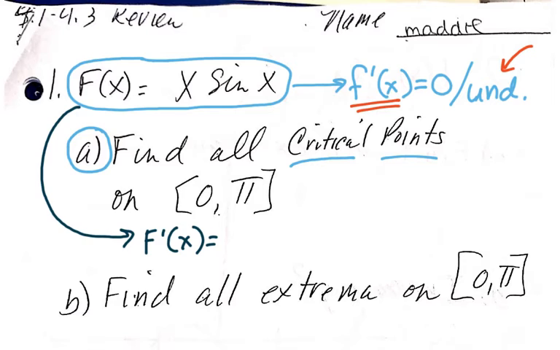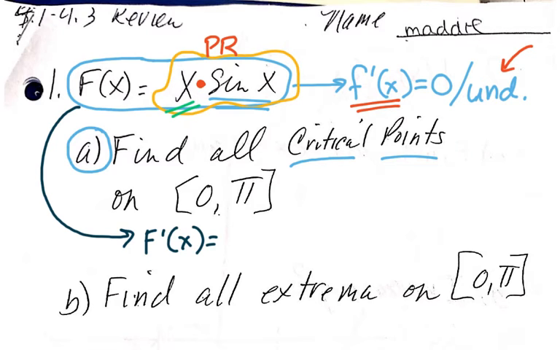Okay, looking at my function here, I've noticed it's made up of two different friends here. I have x and I have sine of x. And what are they doing? They're multiplying each other. So I know that because they're multiplying, I'm going to have to use what's called the product rule. Okay, so just a quick review of product rule.